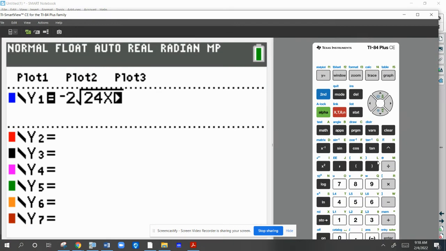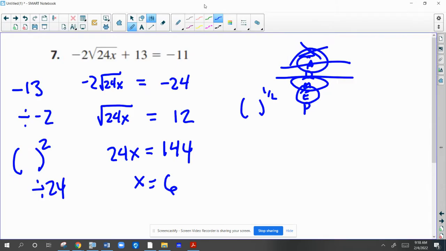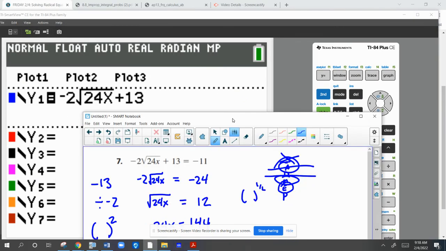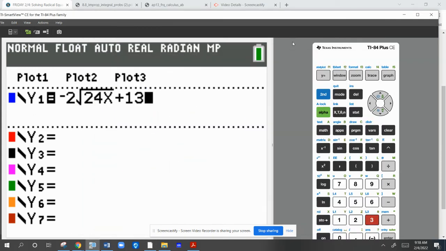Then we have plus 13. So get out of that square root, plus 13, and it equals -11. So I have to move the -11 on this side to make it equal to 0. So I'll just do the opposite. It was -11 on that side, so I'll say plus 11. And I'll hit graph.